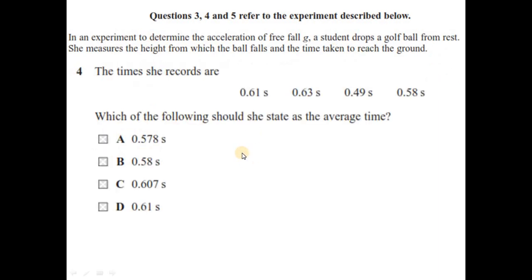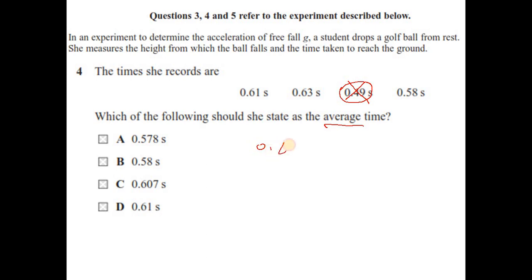Question number 4. The times she scores are 0.61, 0.63, 0.49, 0.58. Which of the following should she state as the average time? Again, you need to look for an anomalous reading, and this is 0.49. Ignore this and find the mean of these three.